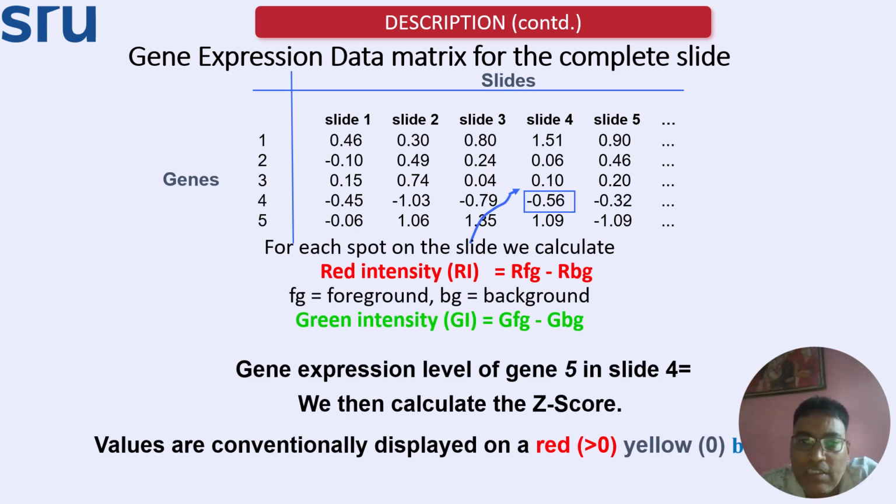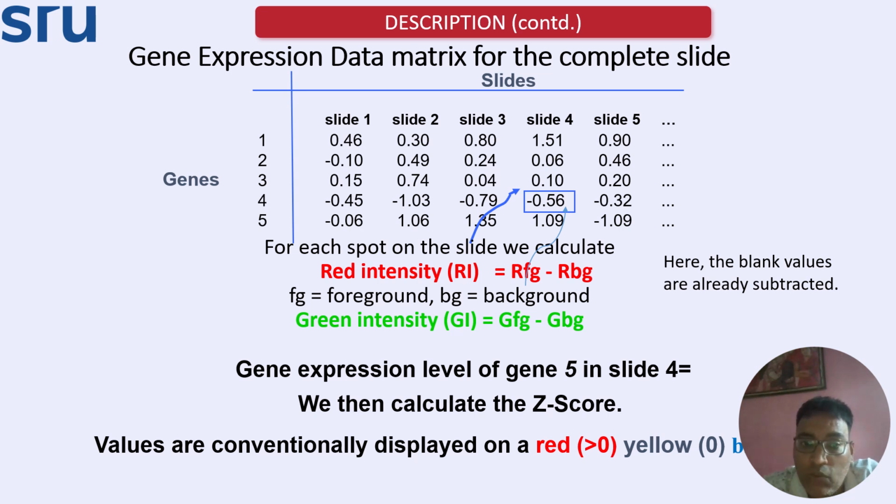Now see, this is a microarray slide deck given here for 5 slides and 5 genes. I'm getting this result, see, for example minus 1.56.